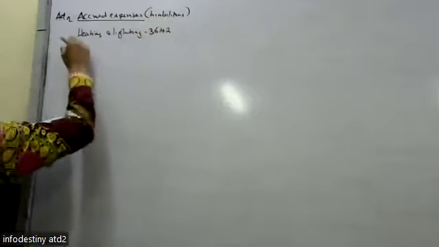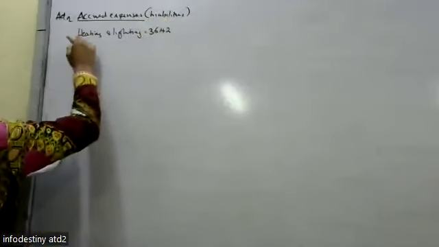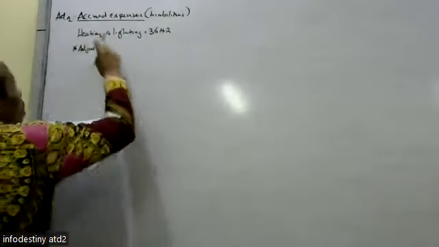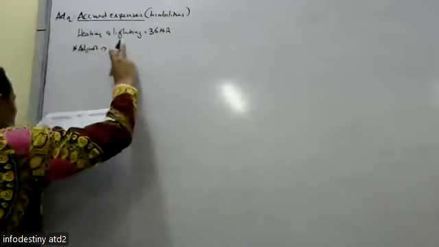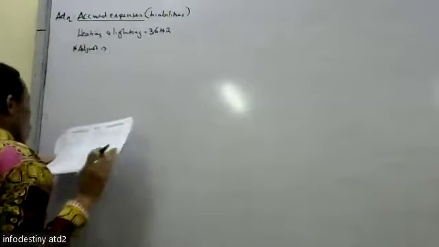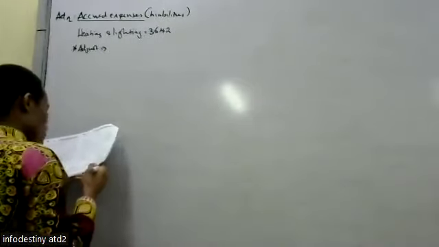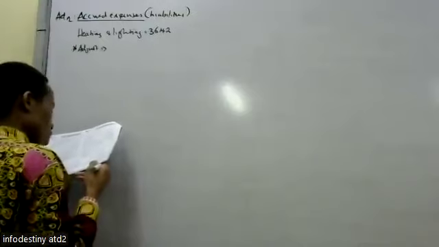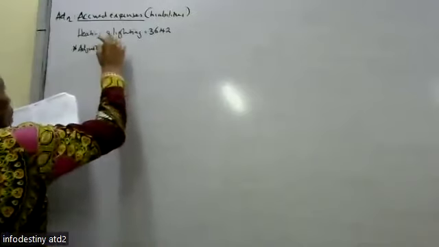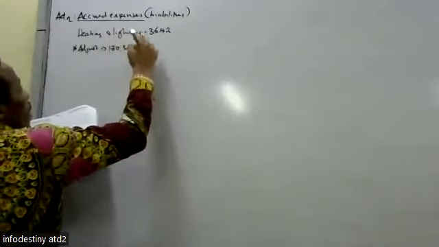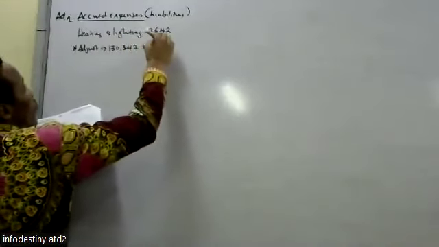So we adjust heating and lighting by adding 3642 to the balance given in the trial balance, which is 180,342.